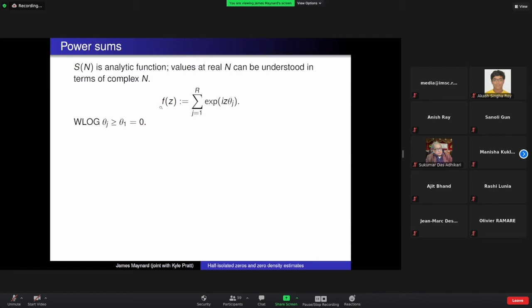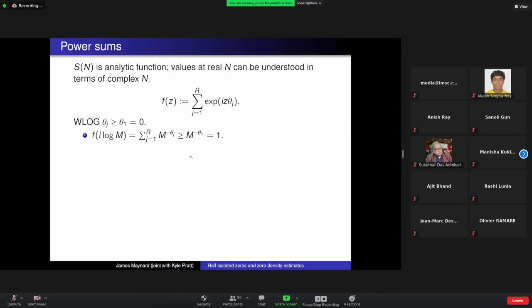So we consider this related complex analytic function f of z, where I'm basically writing n as e to the power z. And clearly, at least in this setup, I can assume that θ1 is the smallest of the real numbers and that θ1 is equal to 0, because that doesn't change the modulus of the sum at all.